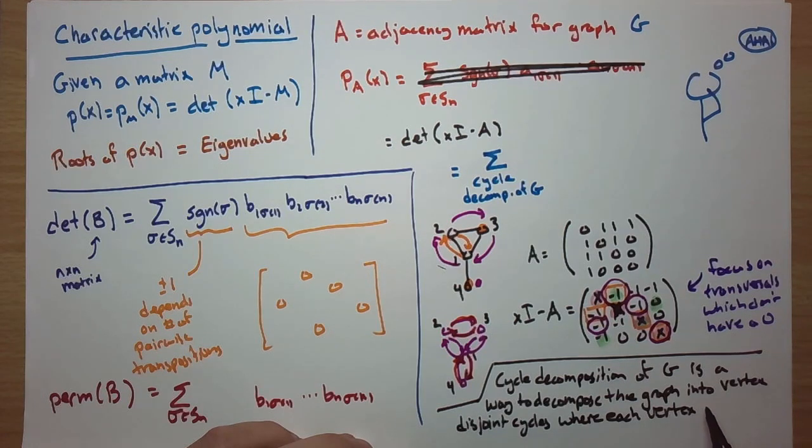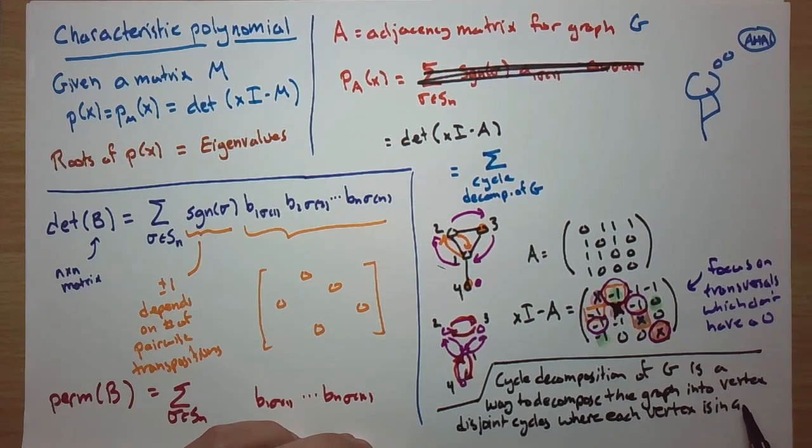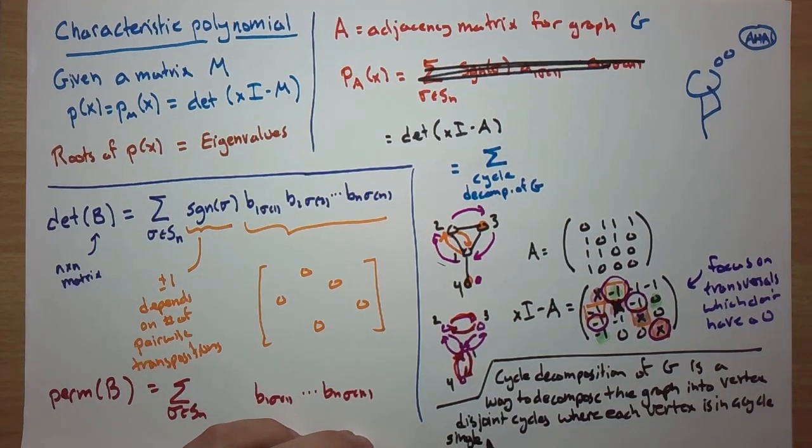And then there's just one other thing we should say. We're going to consider a single vertex. Single vertex is going to be a cycle of length 1. An edge is a cycle of length 2.